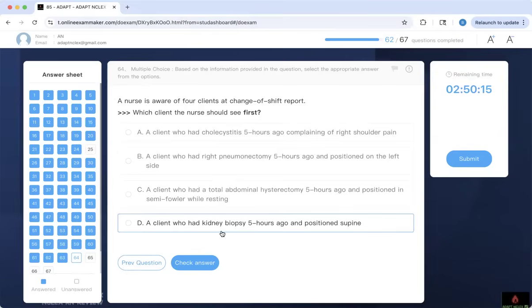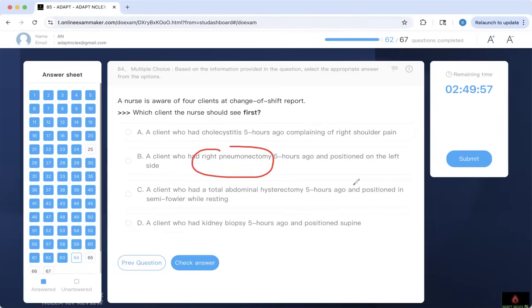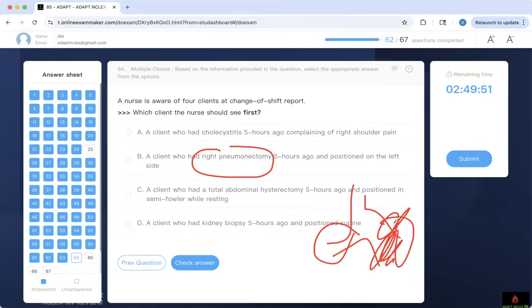If you have a kidney biopsy, we should put you on your back. That puts pressure. Total abdominal hysterectomy 5 hours ago in semi-Fowler's, so as to improve your lung function. If they remove the right side of your lung, pay attention, write this down. Right pneumonectomy. So if this is your lung, and we remove all of this, there's nothing here.